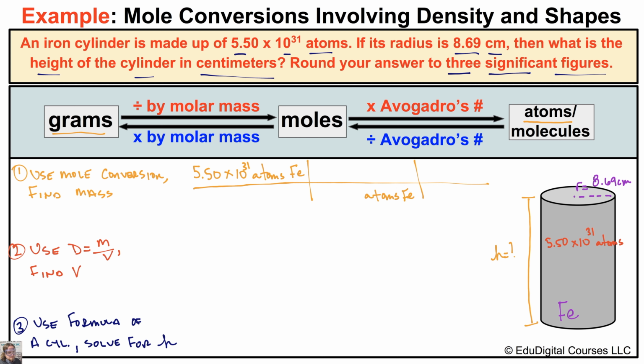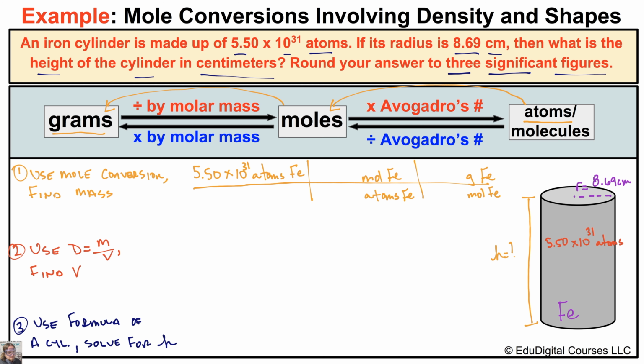We're going to convert this to moles first. We can go from atoms to moles, and then from moles to grams. So in our first step, we convert the atoms of iron to moles of iron, and then in our second step, we cancel out moles of iron, so we'll put that at the bottom of our fraction, and we convert this to grams of iron, so we'll put that at the top.